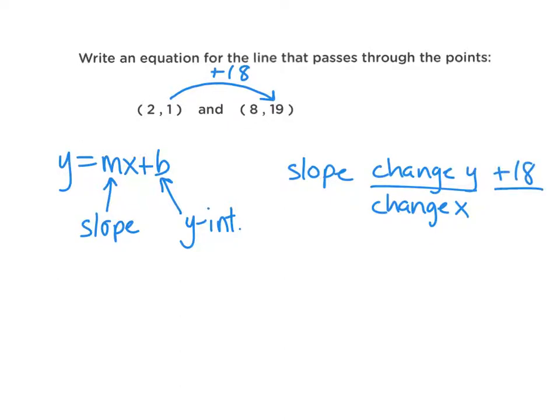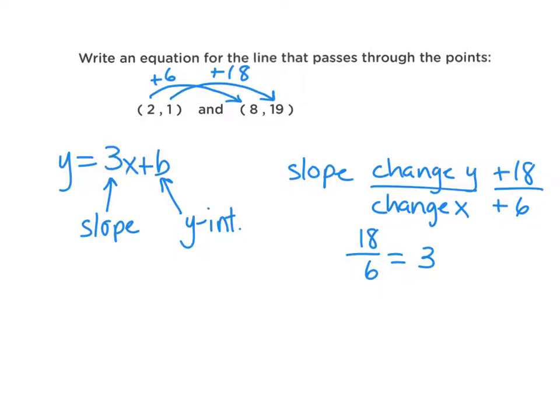And when I look at how my x values changed, it went up 6. So I end up with a slope of 18 over 6, which simplifies to 3. So when we look at our equation, I can erase the m and put in the number for the slope. So I would replace that with a 3.